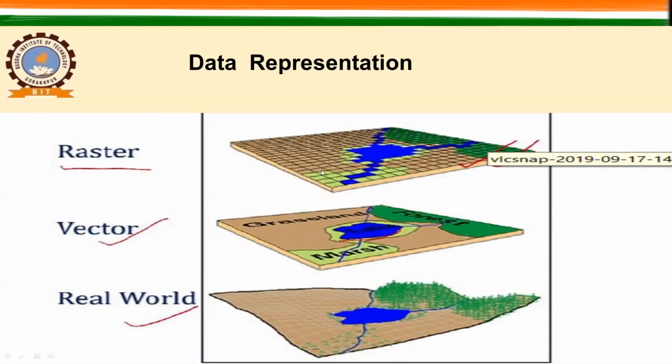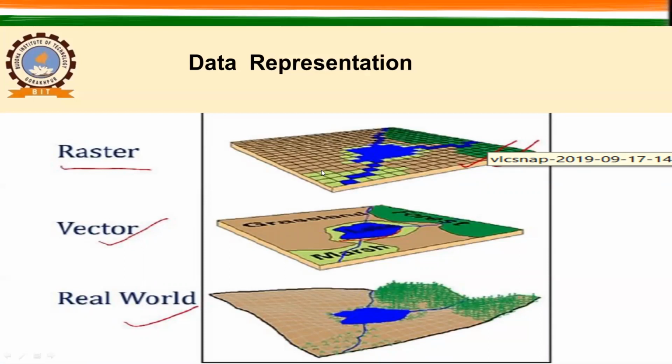When we have raster data, it will have all the pixels, where you can depict continuous changes, right? But when we are talking about vector data, we can mark the boundaries of some features, right? And in the real world, we have both together, because some of the classes are changing slowly, but some of the classes are changing abruptly.